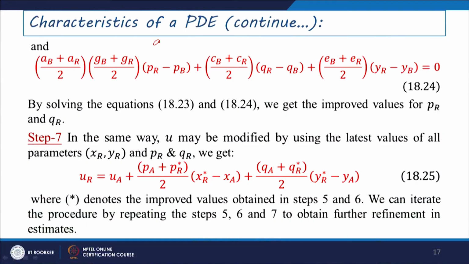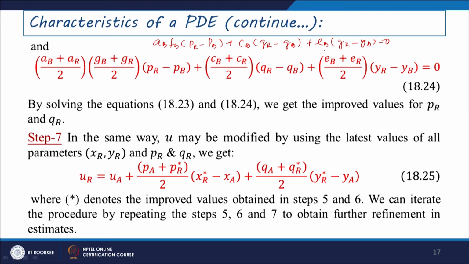And similarly, if you replace in the second equation of step 3, that is nothing but AB FB PR minus PB plus CB QR minus QB plus EB YR minus YB, this equals 0.